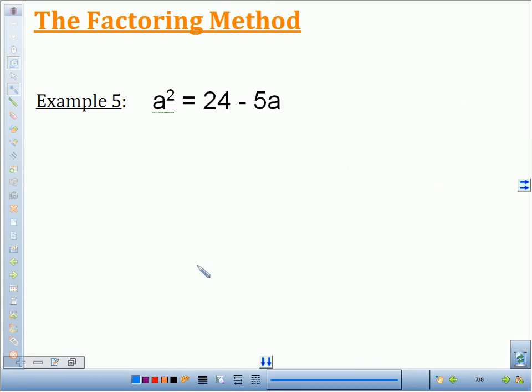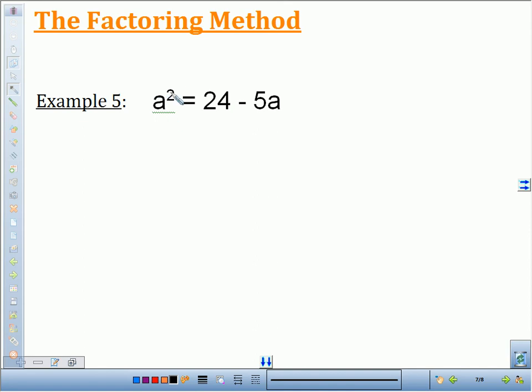All right, we're going to do one last example together, and then you'll do the final two examples on your own. I have a squared equals 24 minus 5a. Now the thing is that I can't solve a quadratic equation unless it equals 0. We remember that from when we first started solving quadratic equations. They have to equal 0.